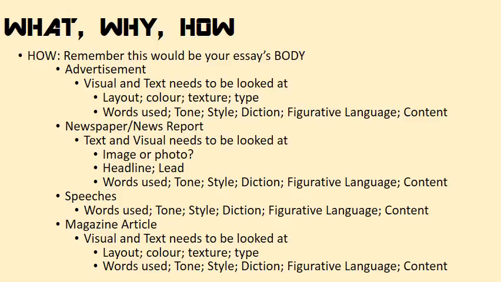Speeches: because of the way we work, you will never be given a YouTube video. So the speeches that we will have access to will only be the written texts. So you won't have any visual input to speak about. Your analysis will be fully based on the words used, style, tone, diction, figurative language, content, etc.